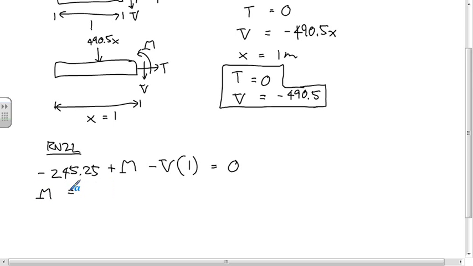So M is equal to 245.25 plus V, and that's equal to negative 245.25.